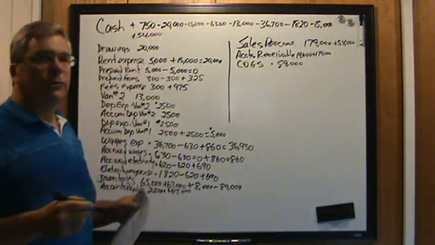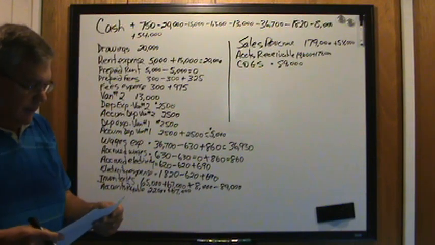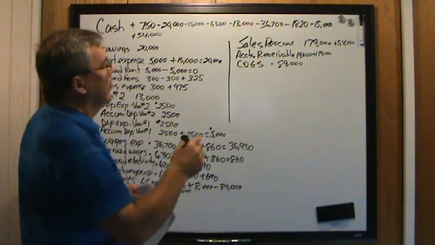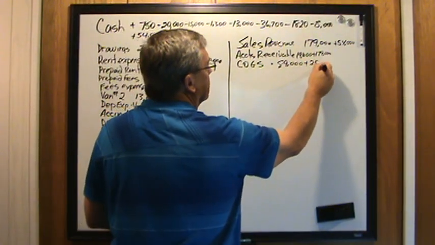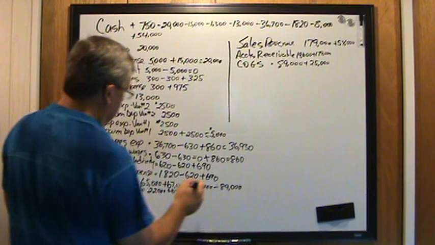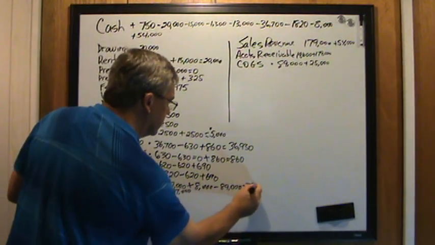And we have to take into account the other part of the transaction, which was the $25,000 cost. So cost of goods sold goes up by 25,000, and the inventories reduce by 25,000.